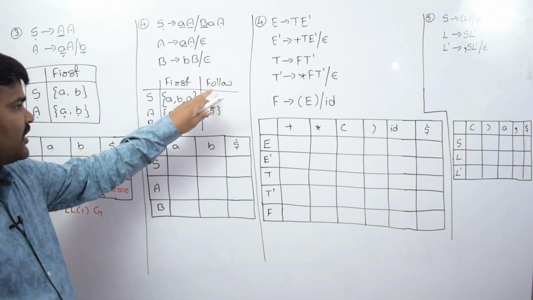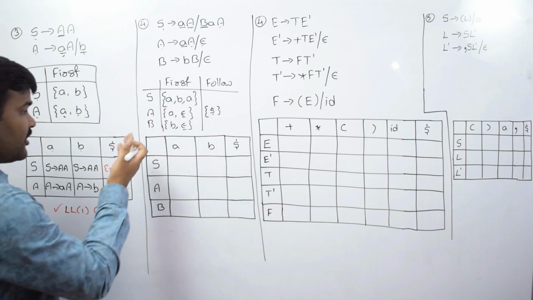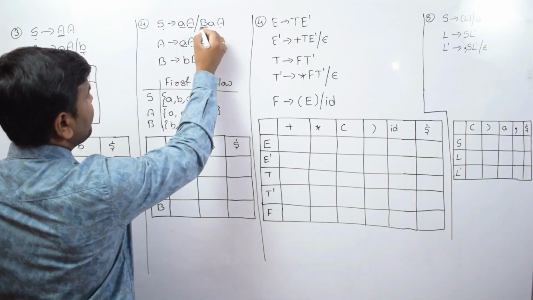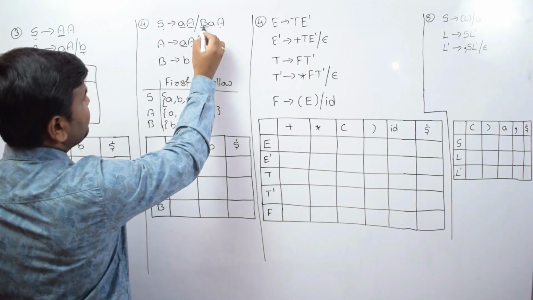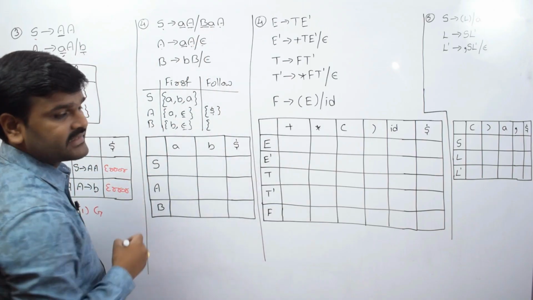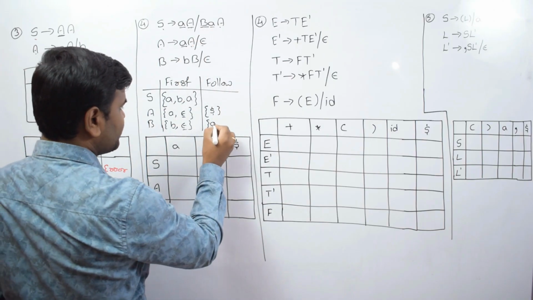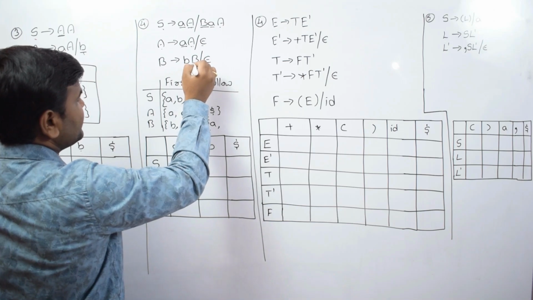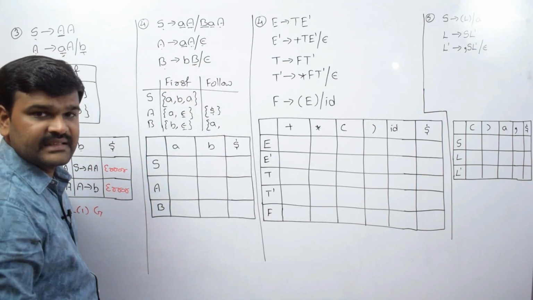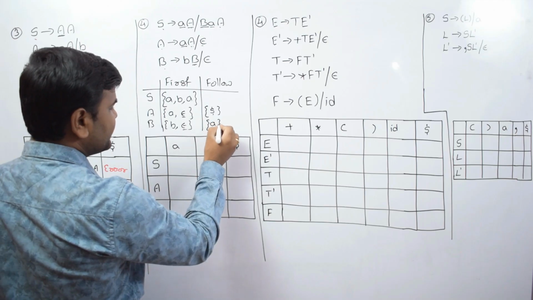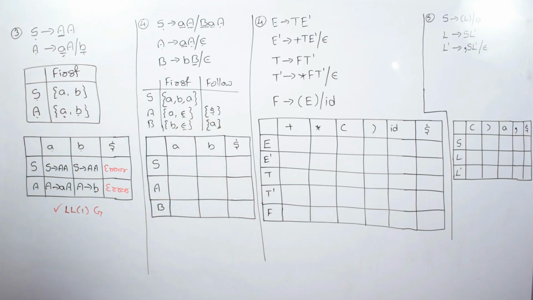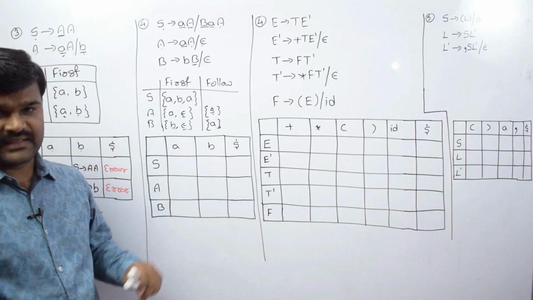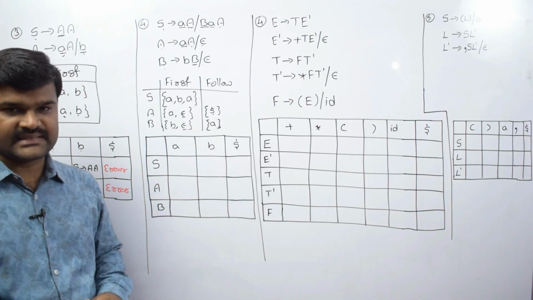So that is the follow of A. Now follow of B is what? Here we have a B, then who is there after B? A is there, terminal A, so A you can add. Now here B is there, follow of B is actually follow of B only, so the only terminal is A actually.